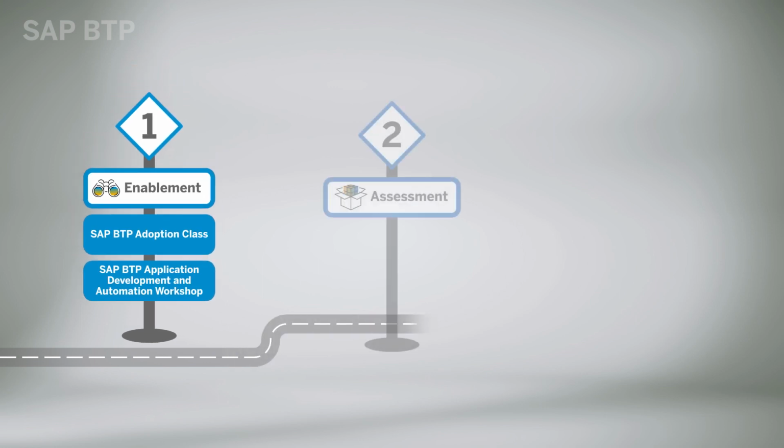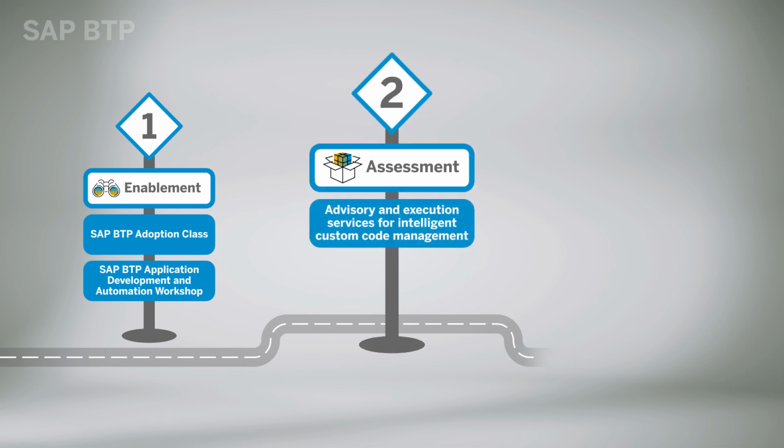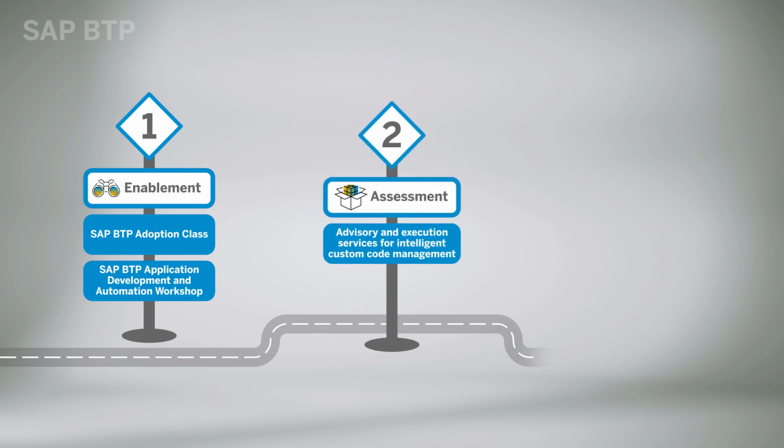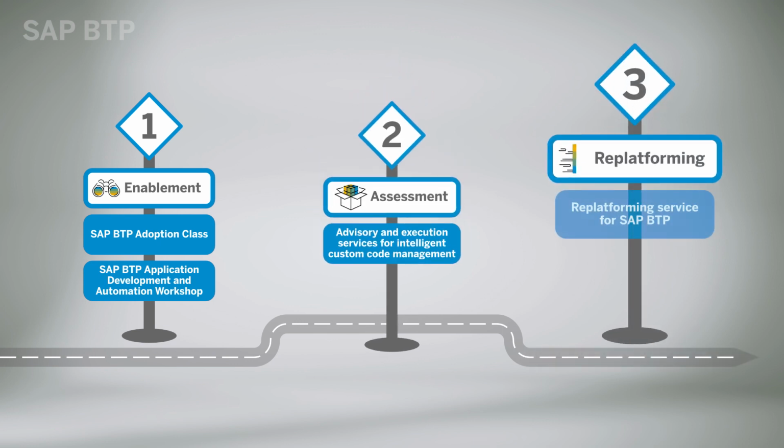The journey then continues with the Intelligent Custom Code Management services, which provide insights to help you make well-informed decisions about what custom applications to build on SAP BTP. Finally, the replatforming service for SAP BTP helps you quickly build those custom applications.